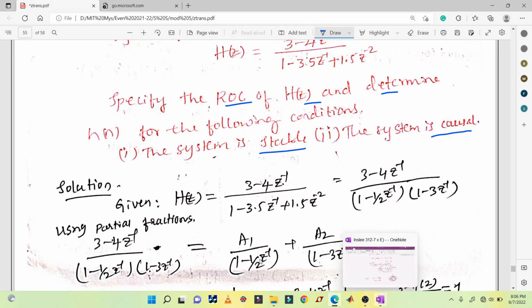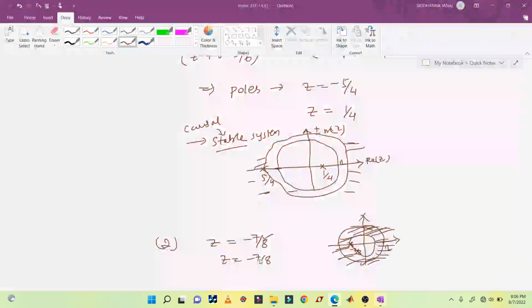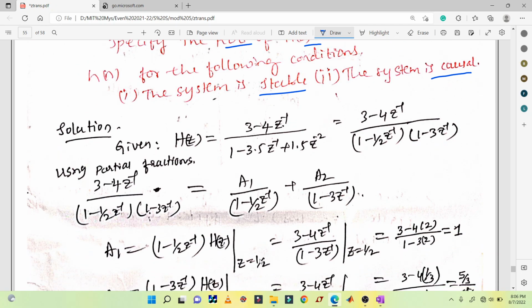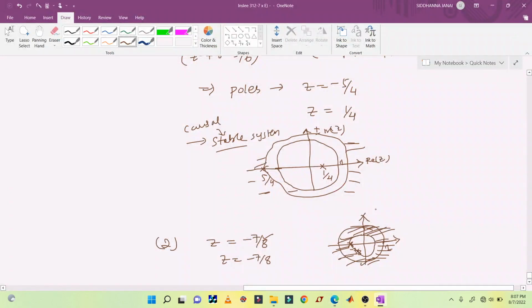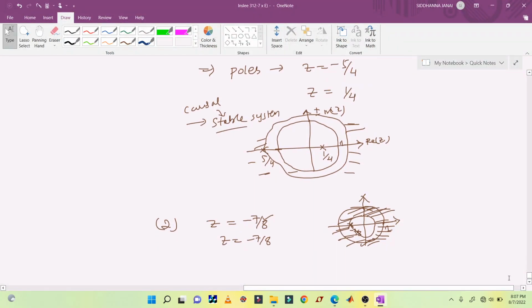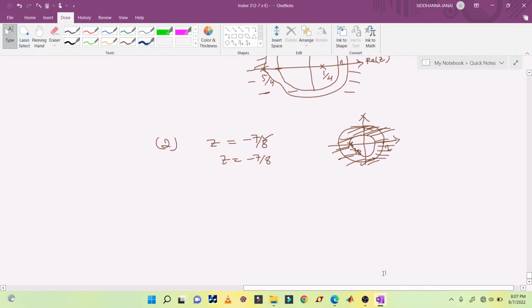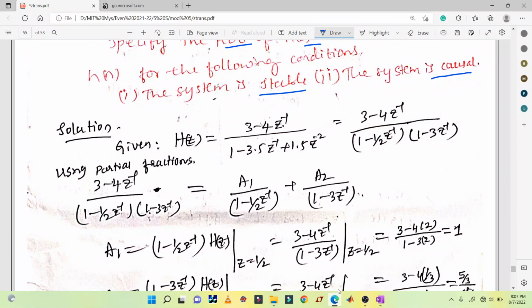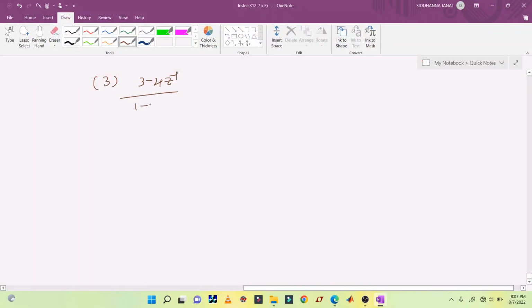So the given equation is H(z) = (3 - 4z^-1) / (1 - 3.5z^-1 + 1.5z^-2).